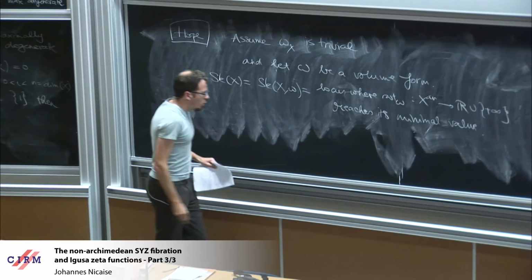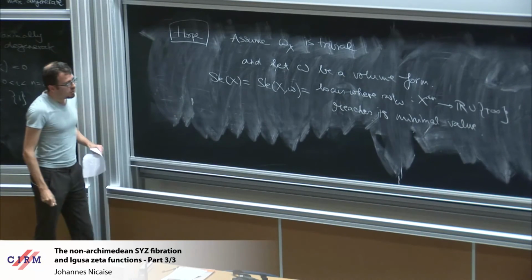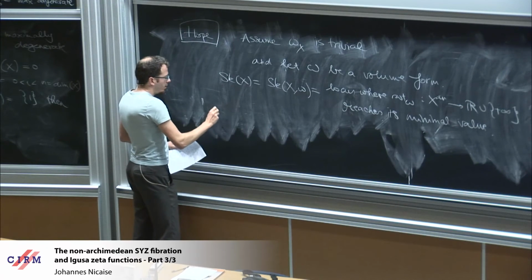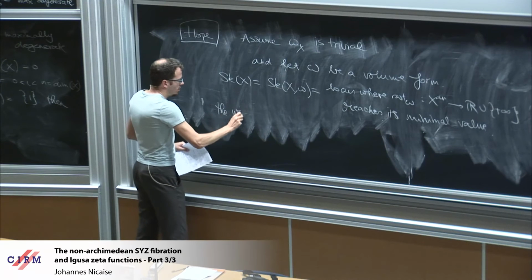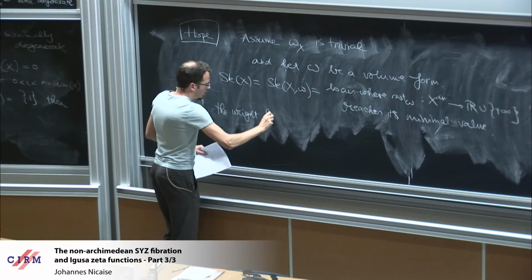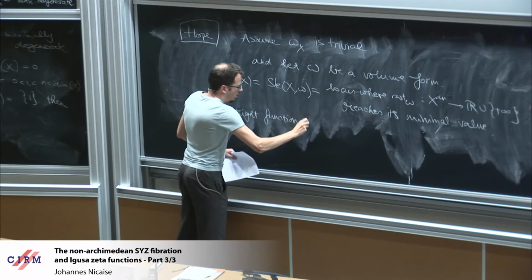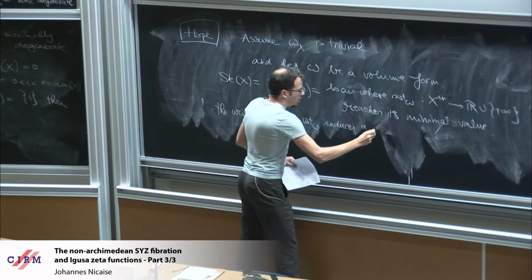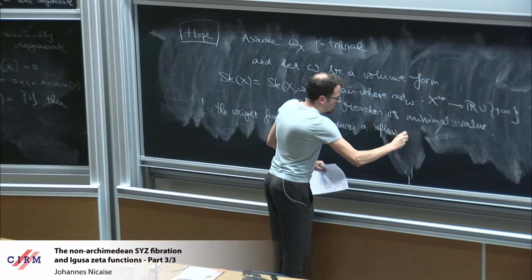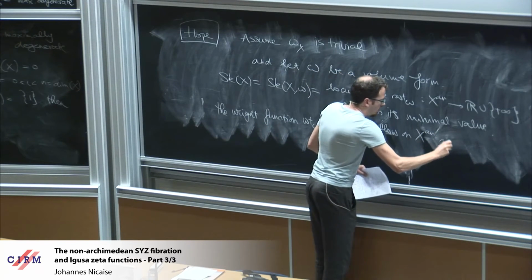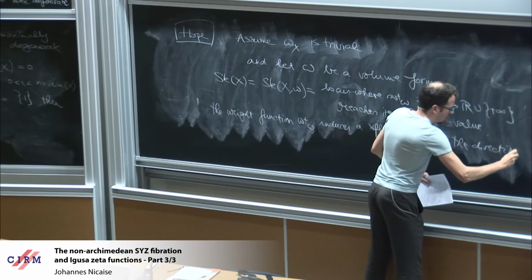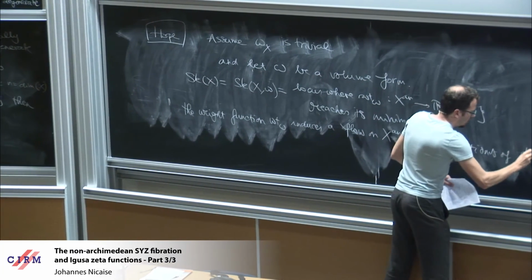Yeah, and so here's a slogan that I want to put between quotation marks, because at this point I don't know how to make it mathematically sound. So the idea is that the weight function attached to omega induces a flow on the Berkovich space in the directions of decreasing weight.